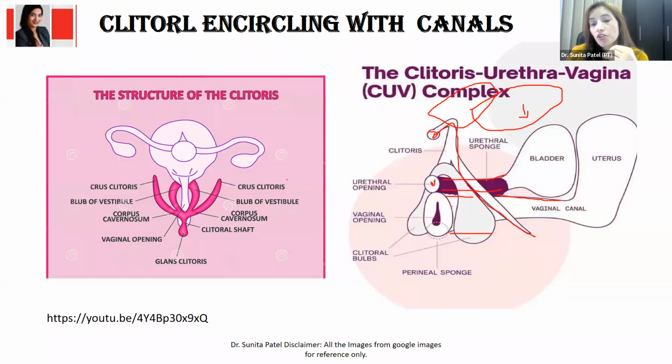And the part which you can feel, whenever we have intercourse inside the vagina, the penis or any sexual object will touch the anterior wall of the vagina. The vagina has 4 walls. One wall anterior towards the pubic symphysis, one wall posterior towards the rectum, and 2 lateral walls.